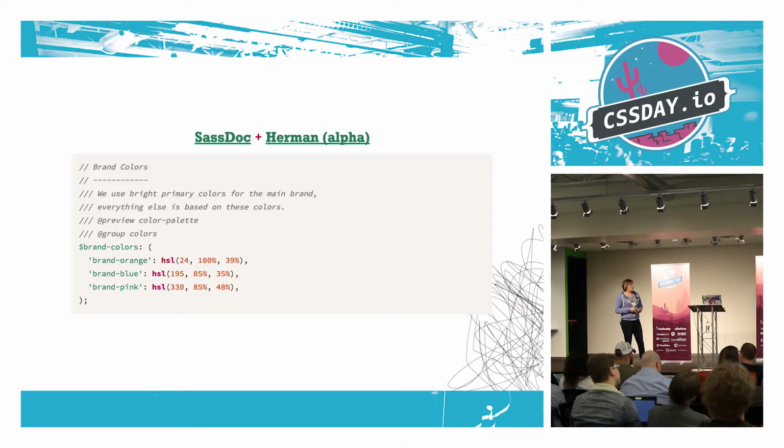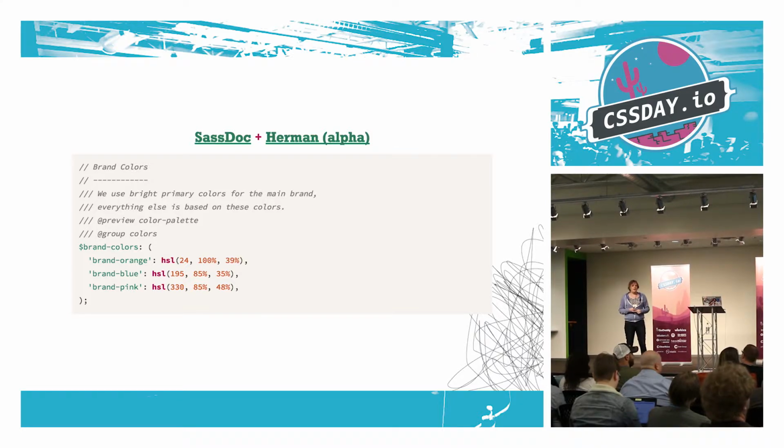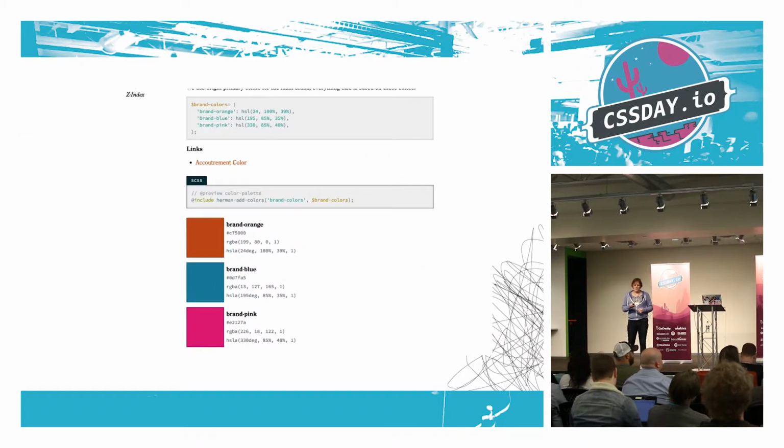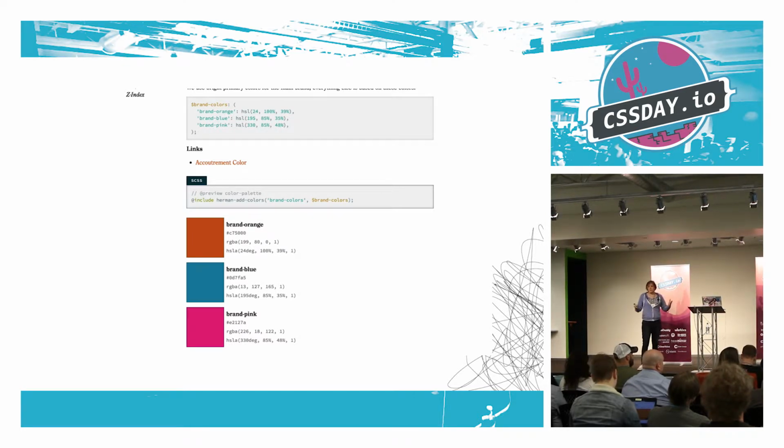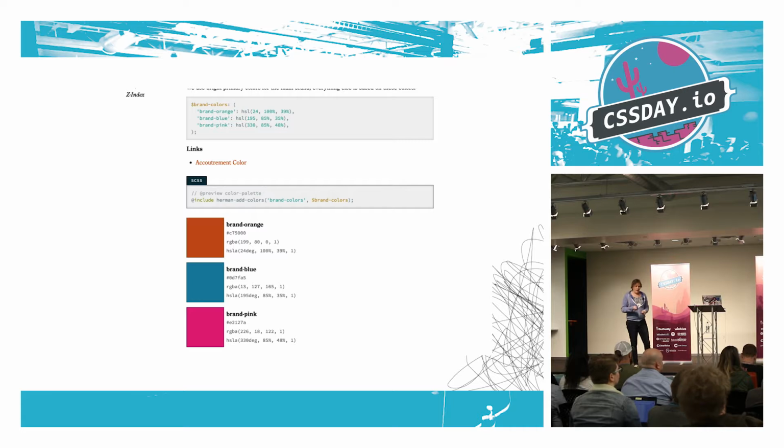We've just added a few options to SassDoc documentation, like preview color palette, and it knows now that this block is a block of colors and that it should generate a color palette based on that. And there we go, automatically. So the first thing that we do on our site is we just make one map of colors and hit go, and we have a color palette in our Styleguide.